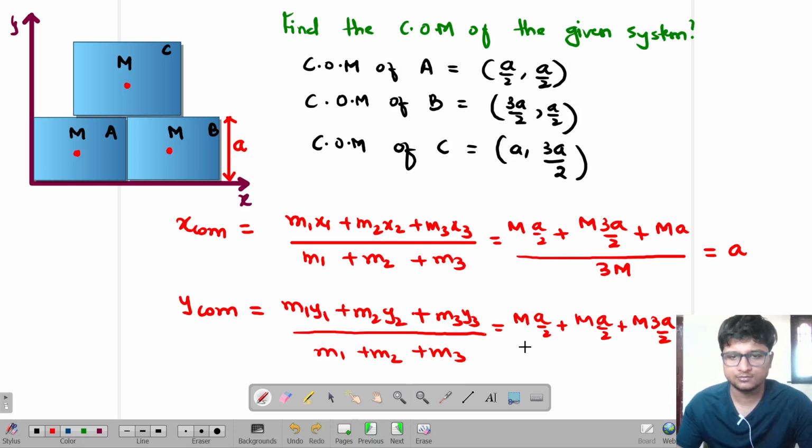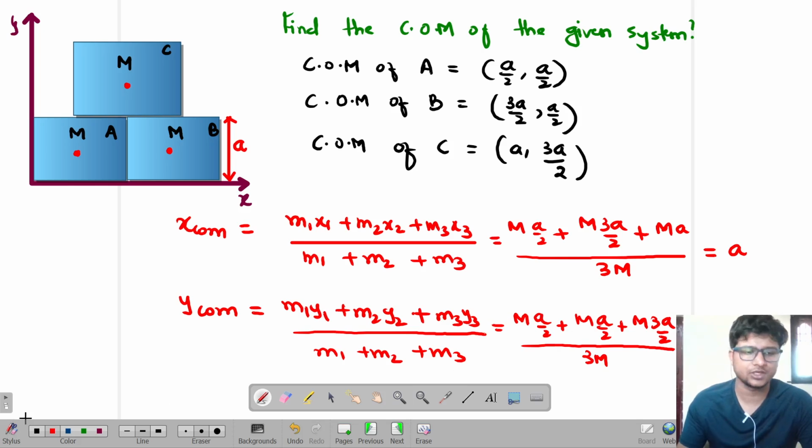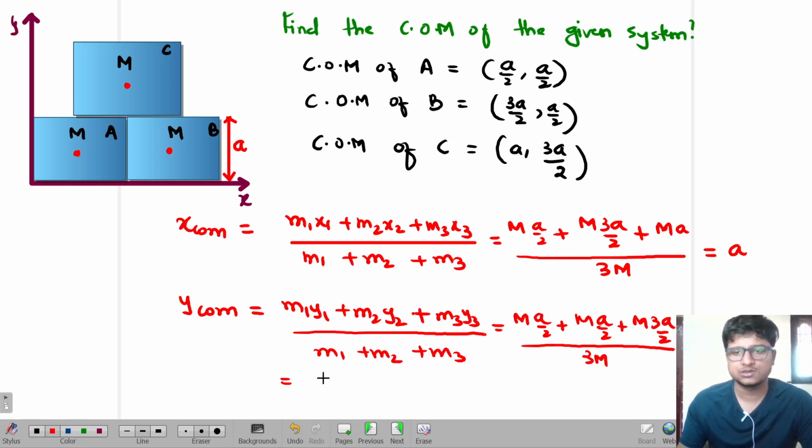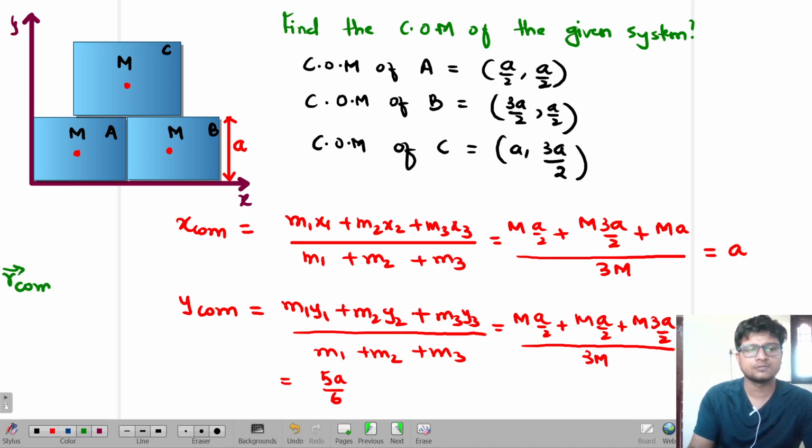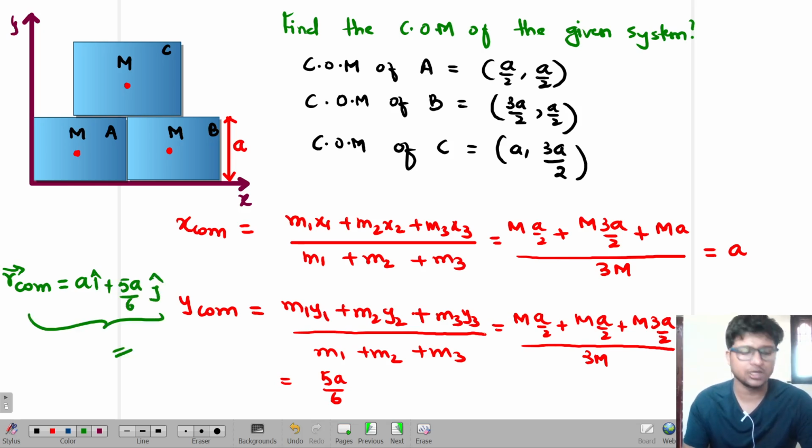Are you able to get me? So how much will this come? This is 5MA by 2 by 3M, so this is 5A by 6. So ultimately the position vector of center of mass is A i cap plus 5A by 6 j cap. That's your answer. Are you able to get me?